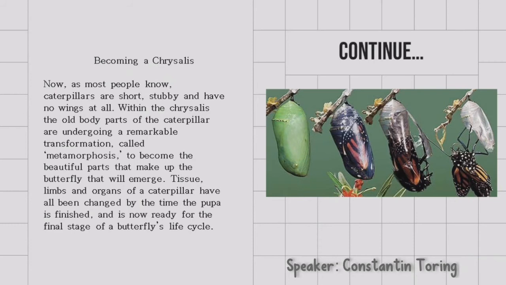These limbs and organs have all been changed by the time the pupa is finished and is ready for the final stage of a butterfly's life cycle.